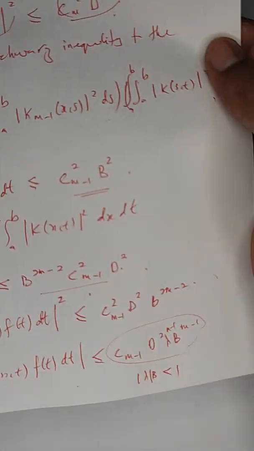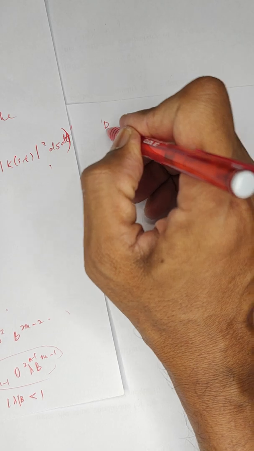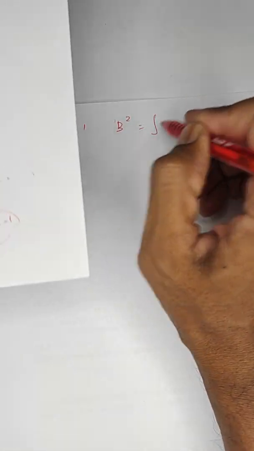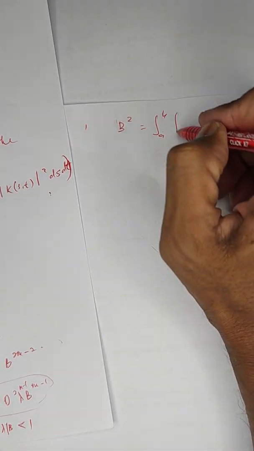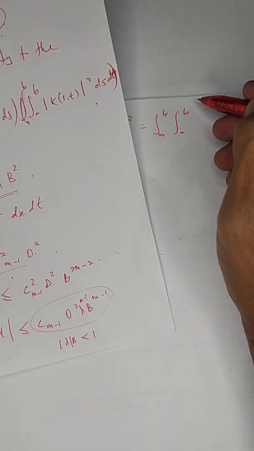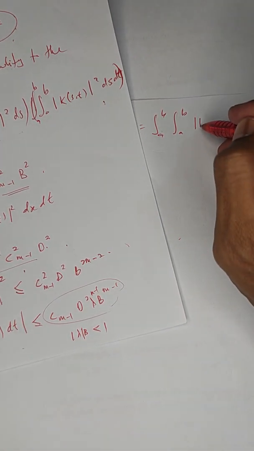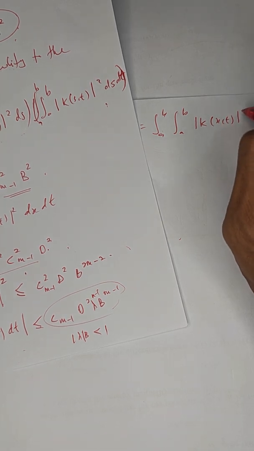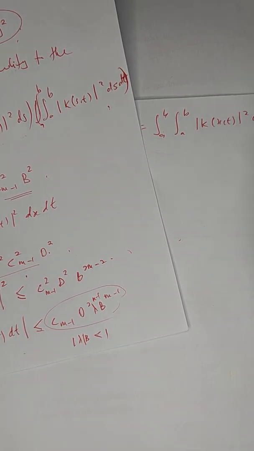And we know that b squared, I've defined somewhere, let me look at the papers. Okay, b squared is given here as the integral from a to b of k(x,t) squared dx dt.